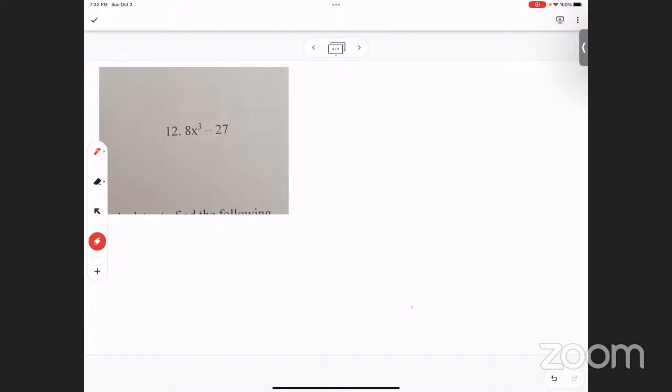So 2 parentheses 2x cubed minus 3 cubed. 2x cubed minus what? 3 cubed. Perfect. Good. And what does that equal?